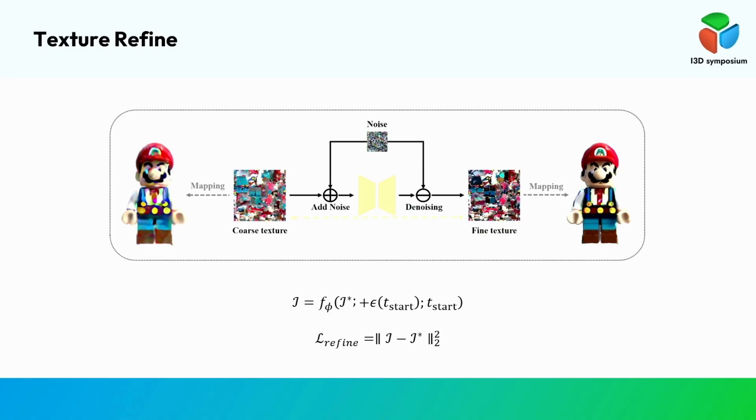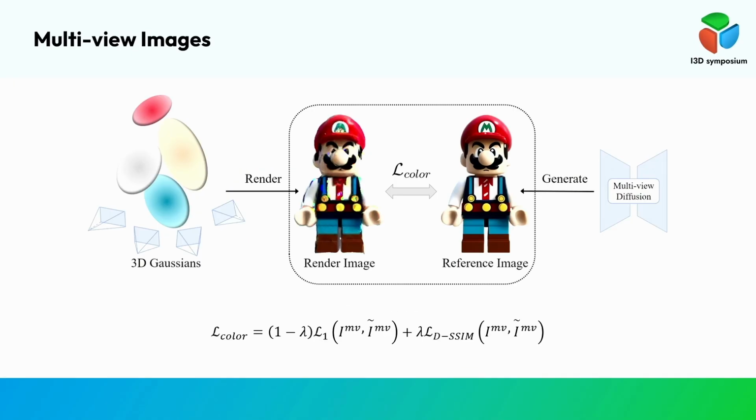With the initialization texture in hand, we first render a blurry image from an arbitrary camera view. Next, we introduce render noise into the image and apply a multi-step denoising process, using a 2D diffusion prior to obtain a refined image. The refined image is then used to optimize the texture with a mean square error loss.